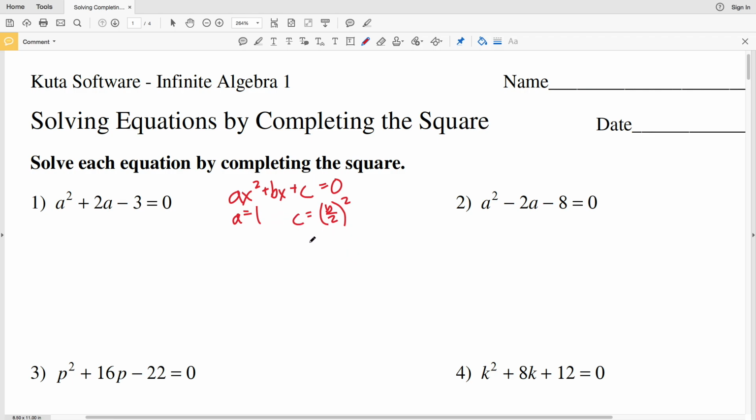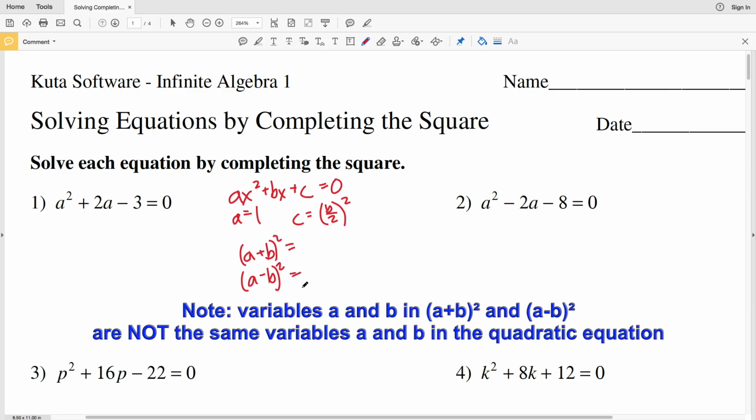Now, another important thing to note, because we're solving these quadratics and we're completing a square, essentially we're going to create a plus b squared or a minus b squared. So I'll write down the formulas for those real quickly. A plus b squared is equal to a squared plus 2ab plus b squared.